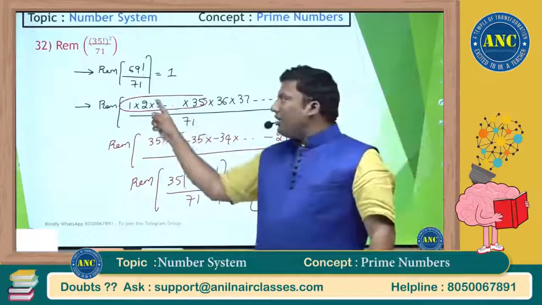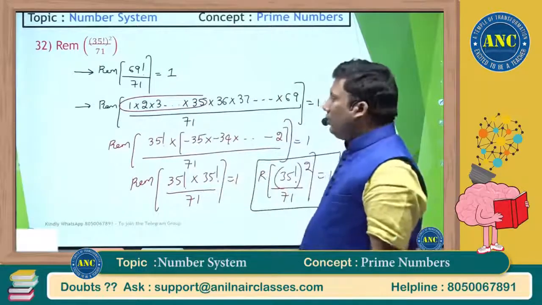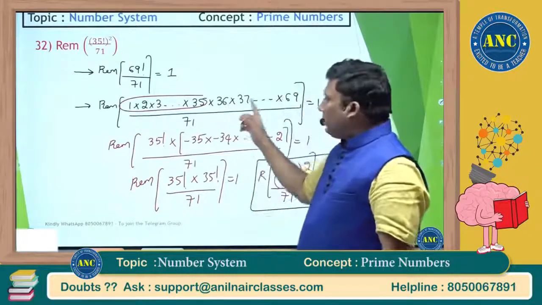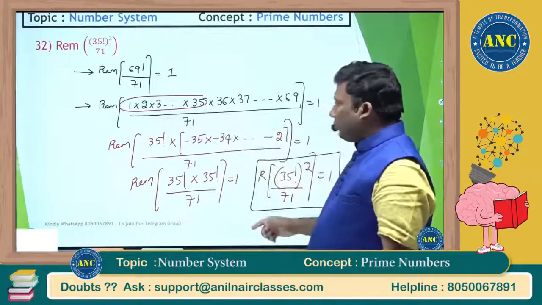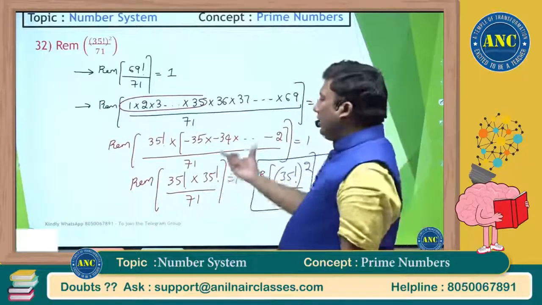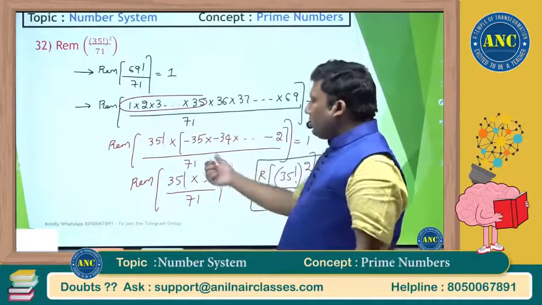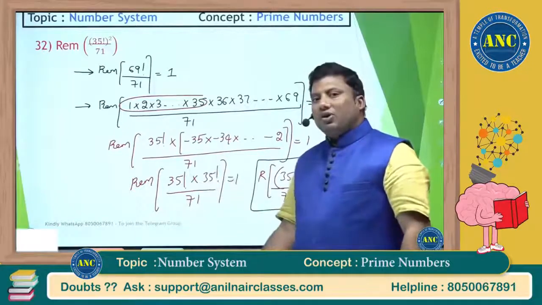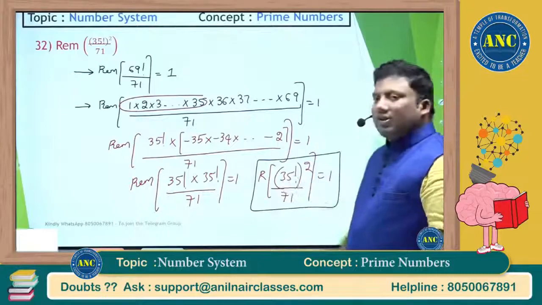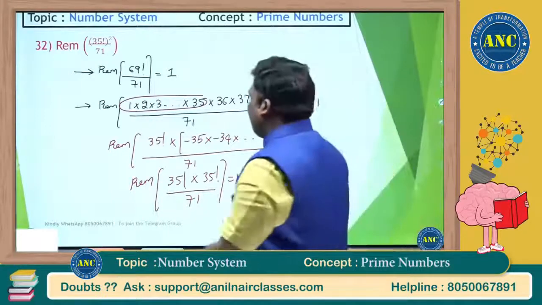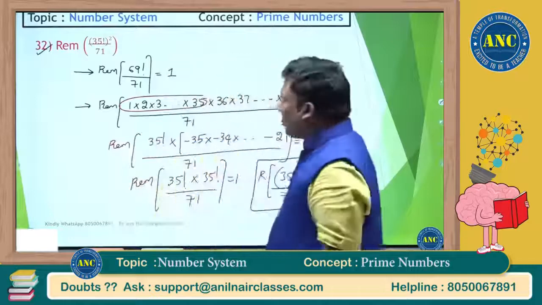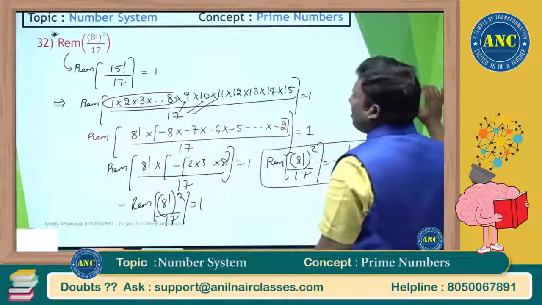First part of it is 35 factorial. Then minus 35, minus 34, minus 2: total 34 negatives. So if I multiply, I will get plus 35 factorial into 35 factorial by 71, it is 1. 35 factorial whole square divided by 71, it is 1. I hope the idea is clear. P minus 2 factorial.